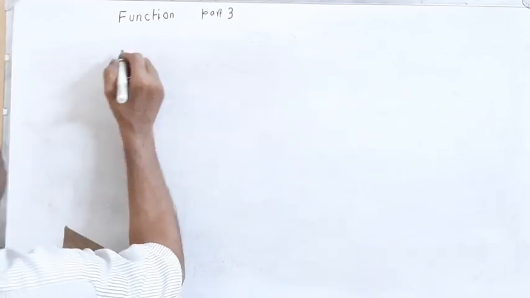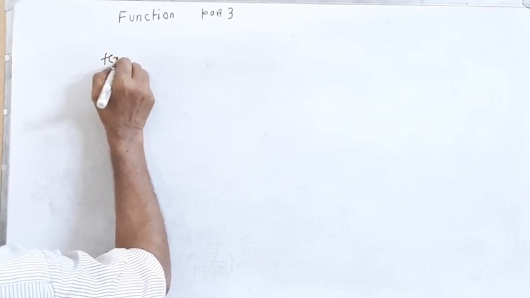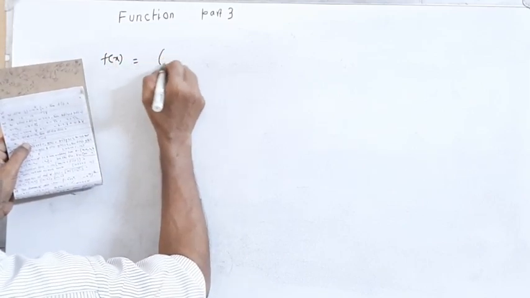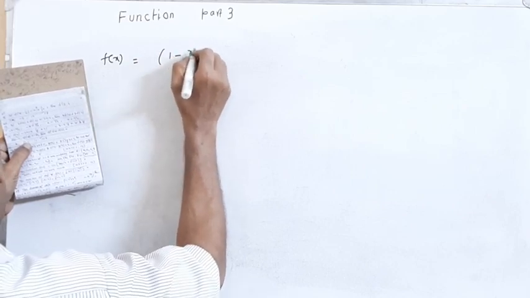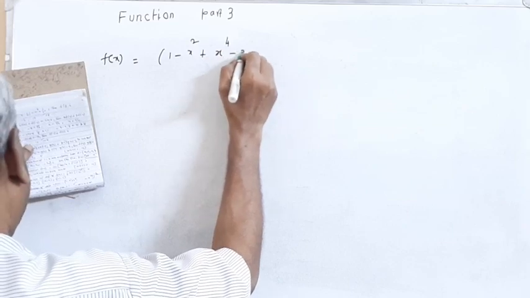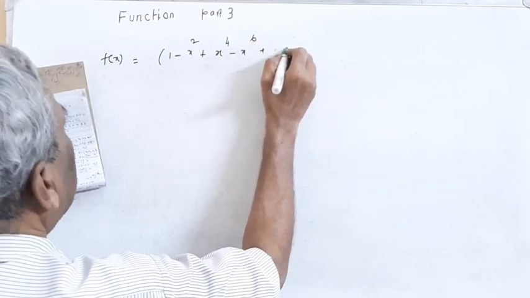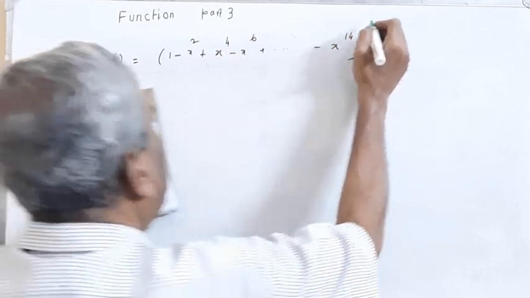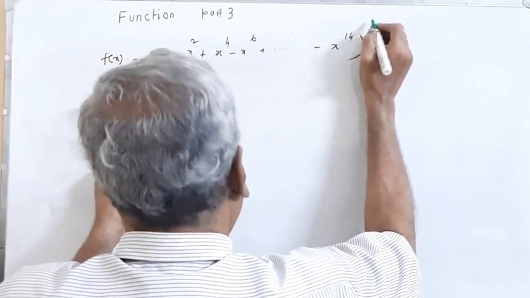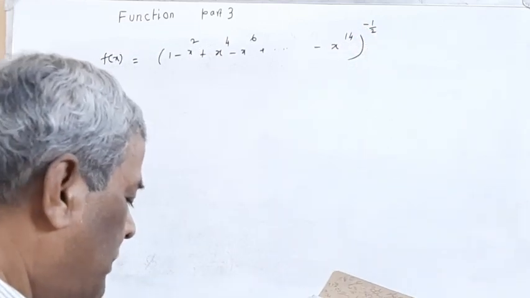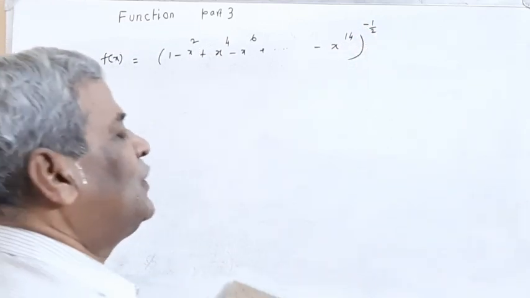The domain of definition of f(x) is equal to (1 minus x square plus x to the power 4 minus x to the power 6 up to minus x to the power 14) whole to the power minus half. We have to find the domain of definition of that.